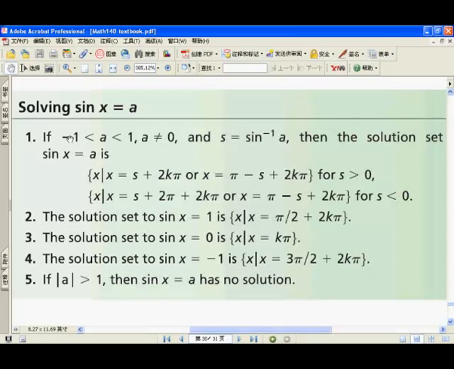Now let's look at page 559, and let's look at the summary for solving sine x equal to a. So when a is between -1 and 1, and a is not equal to 0, first, you use the inverse sine to find the first special solution.